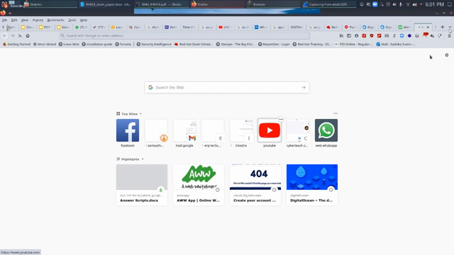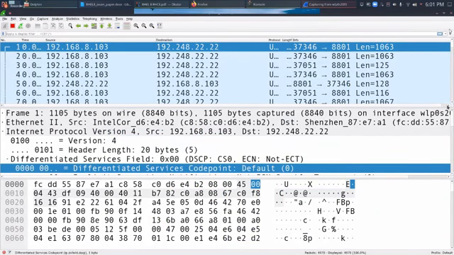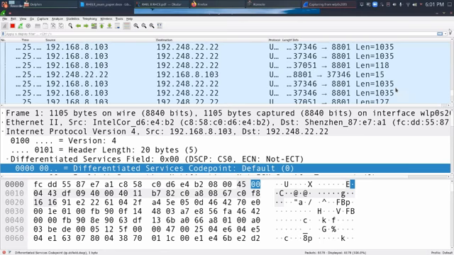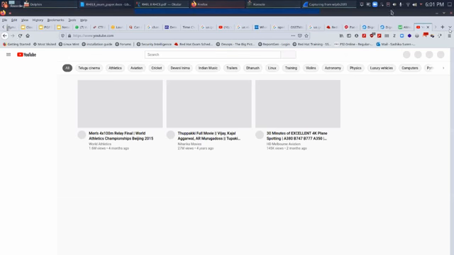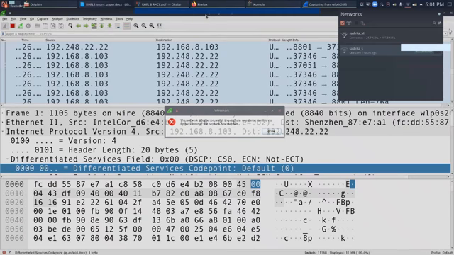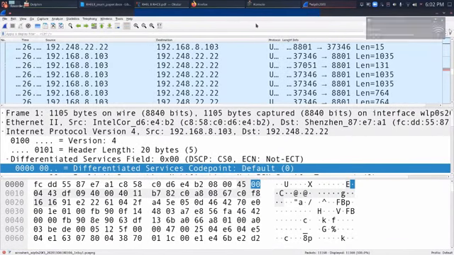We see that one. So still we are seeing the... Right.